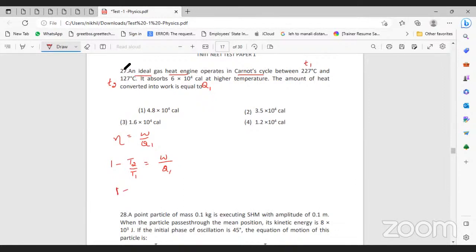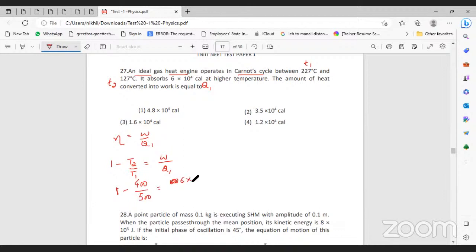T2 is the temperature of 127 degrees Celsius. You have to convert into Kelvin. 127 plus 273 is 400 Kelvin, right? What about T1? 227 plus 273, that will be 500 Kelvin.